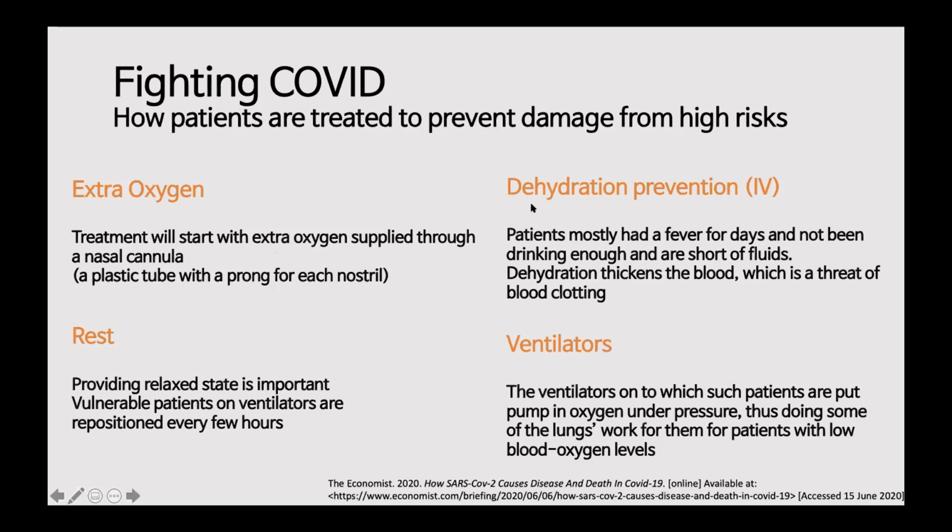And because dehydration thickens the blood, and blood thickening is a major cause of blood clotting, it's very important to get ourselves hydrated when we have COVID. So these two are important, and also it's best to have a good night's rest and to be on ventilators if you have trouble breathing.